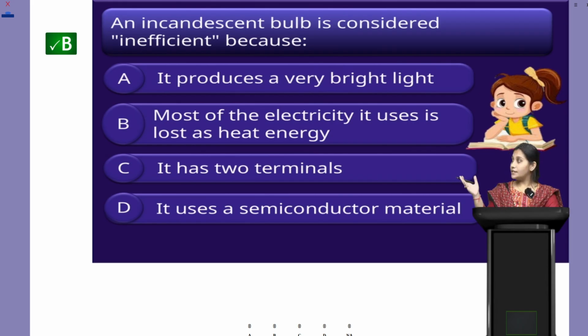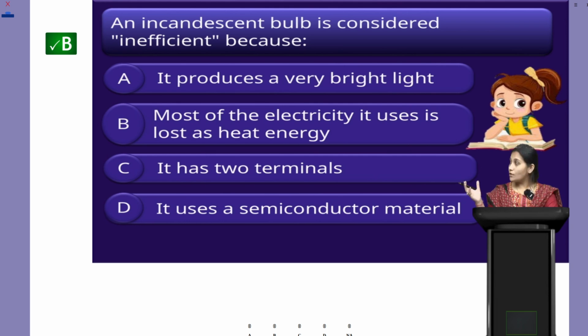An incandescent bulb is considered inefficient because... why do we consider this incandescent bulb as inefficient? It means that it is not very useful. Is it because it produces very bright light? No, because if it produced very bright light, we wouldn't consider it inefficient.